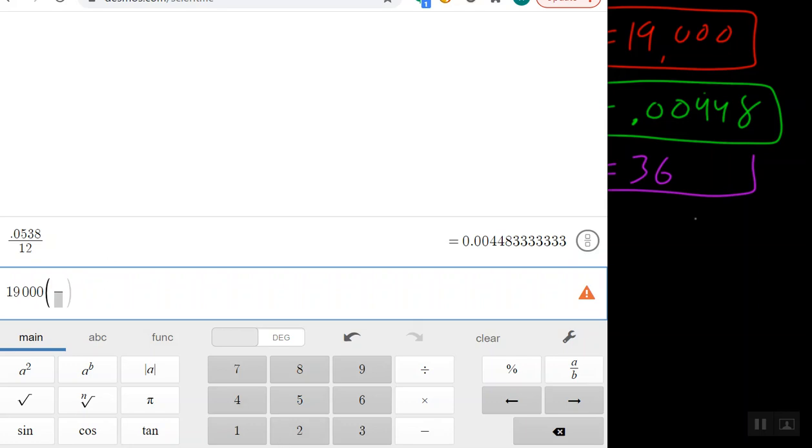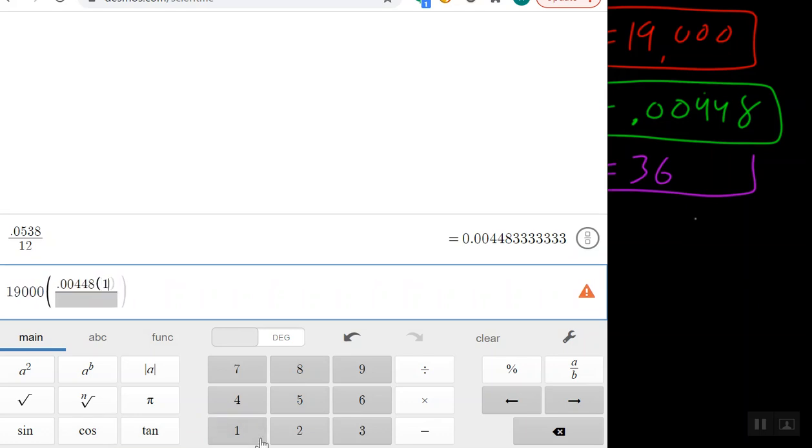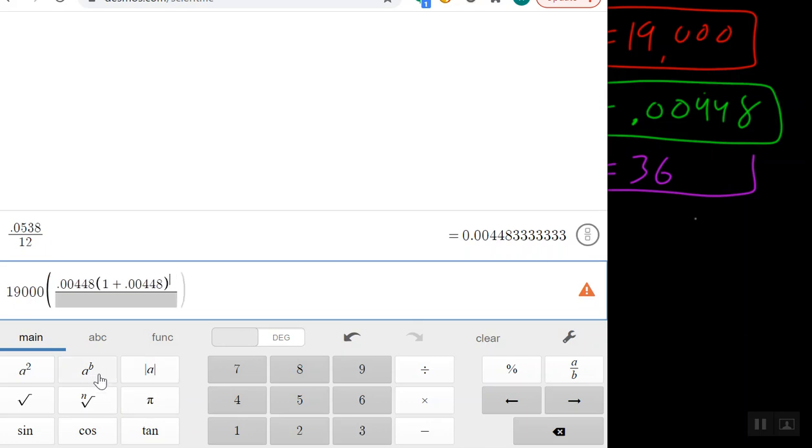Let's put our periodic interest rate, 0.00448. Then we put a parentheses, the 1 plus, and this is where it's kind of nice, we get to copy this down again, 0.00448, and then we close the parentheses, and we click this A to the B button, which gives us our exponents, and we're going to raise this up to the power of 36 months.